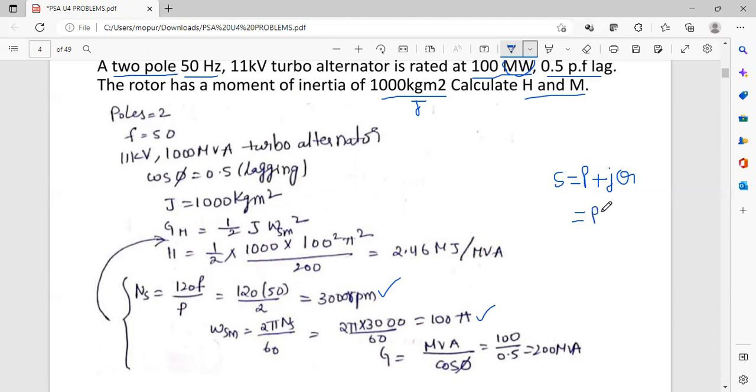So P cos φ plus jQ sin φ. From this, you can find the value of the real power.